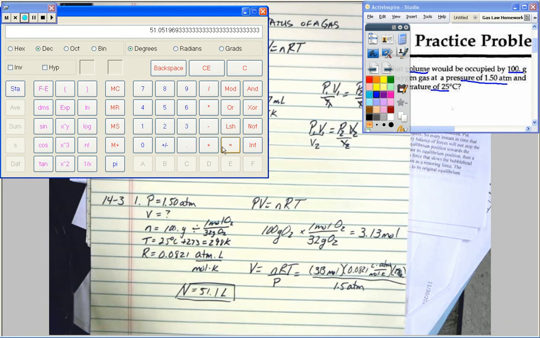At this point I want to talk about checking answers and making sure things make sense. What do we know, in general, about liters and moles? 1 mole of gas is going to equal how many liters? 22.4, right? So does this make sense?